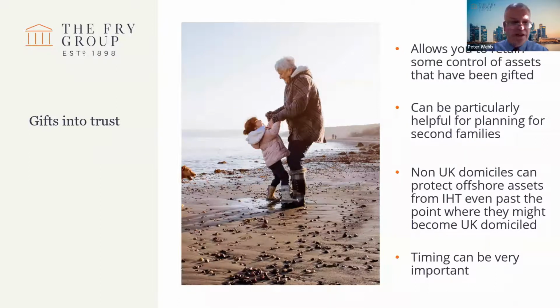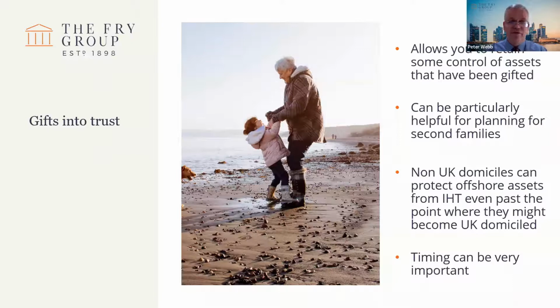At that point, the non-UK domicile becomes UK domicile for all taxes. And what that means is that overseas assets then come within the reach of that 40% UK inheritance tax charge. They were excluded before, but now they're within the charge.